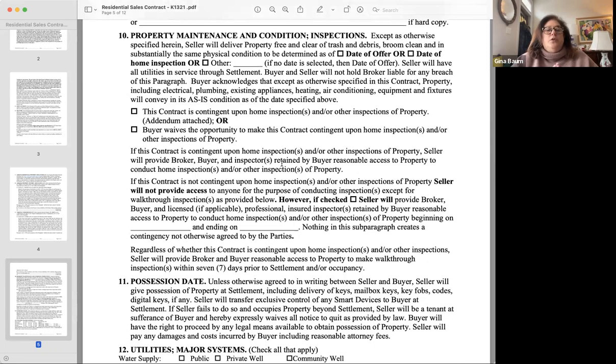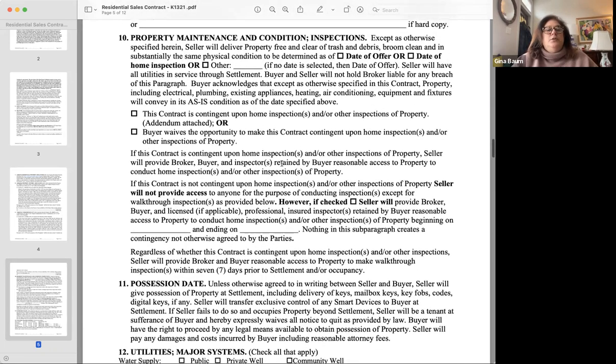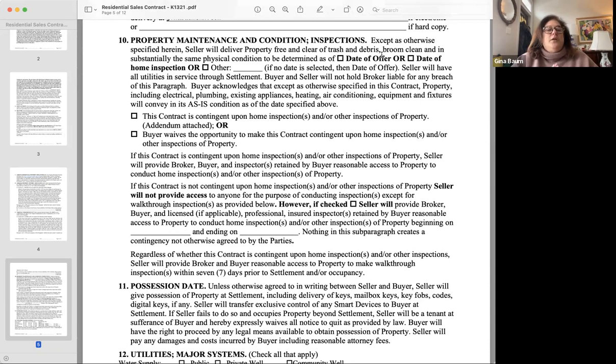So paragraph 10, we talk about that a little bit more, except as otherwise specified herein, the seller will deliver property free and clear of trash, debris, broom clean, and in, very important phrase here, substantially the same condition to be determined as of. Okay, substantially the same physical condition. You will hear that a lot, okay? And it's a very important phrase. As of the date of the offer or the date of the home inspection or other. None of us know what other is, but if someone comes up with it, let us know.